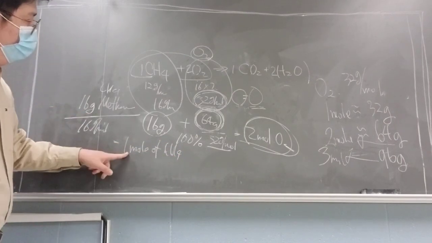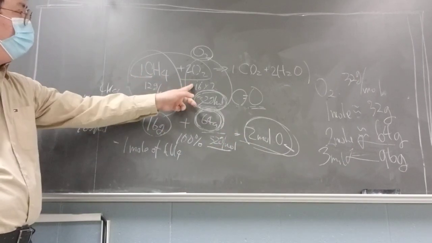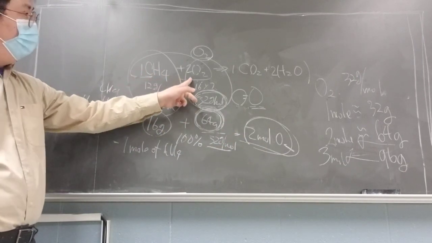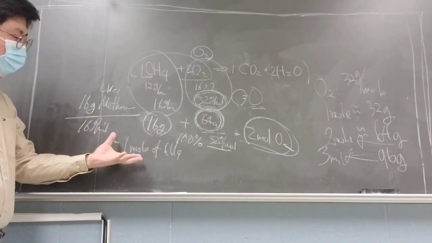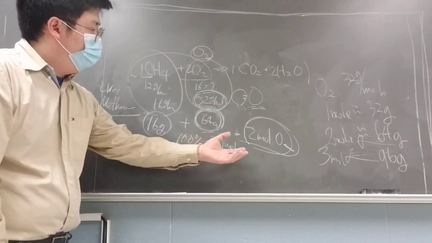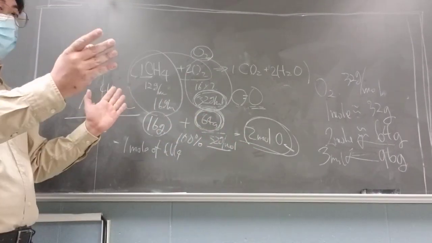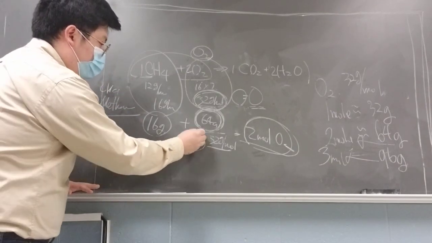So we have 1 mole of CH4 and 2 moles of O2, which is perfect for your molar ratio: 1 methane goes in, interacts with 2 O2. So it is also 1 to 2, a perfect full 100% interaction there.